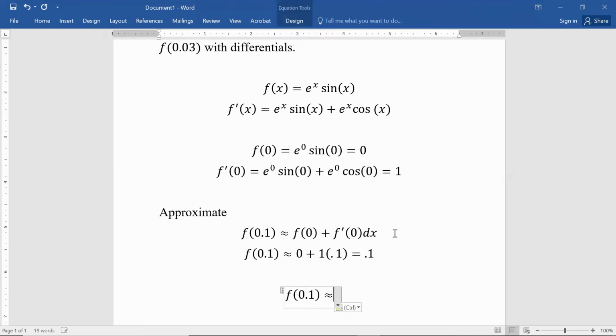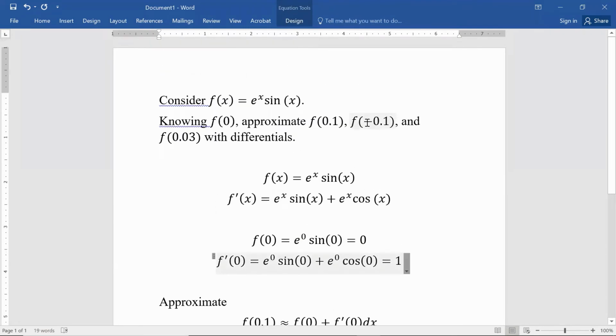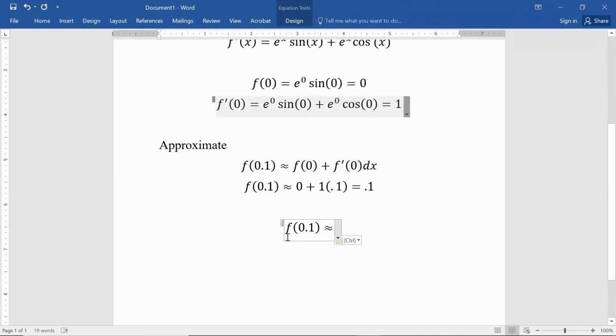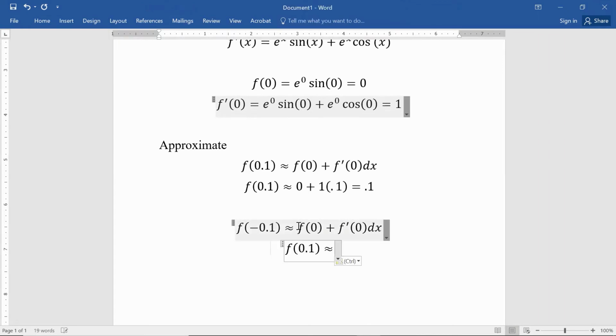How about f of negative 0.1? F of negative 0.1 is approximately f of 0 plus f prime of 0 dx. Our differential there is negative 0.1 because from 0 down to negative 0.1 is a change of negative 0.1 with respect to x.